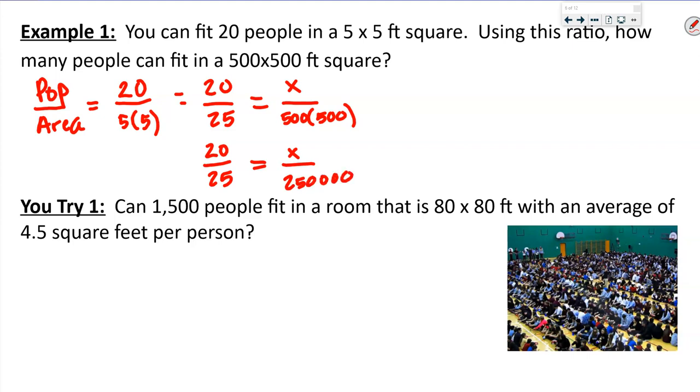Now hopefully you remember anytime we have an equal sign right here, we're going to cross multiply. So that's what we're going to do here. We're going to go 25X is equal to 20 times our 250,000.